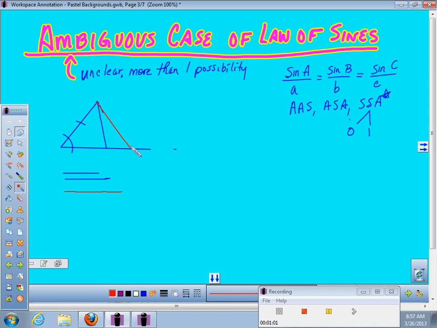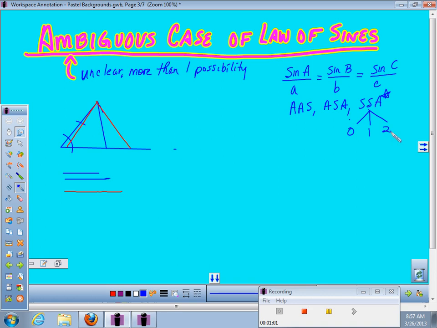But this is the amazing part. Couldn't I have also come over this way and hit 8 inches also, and I would have this little tiny skinny triangle over here on the left. So sometimes there are 2 possible triangles out of the deal.